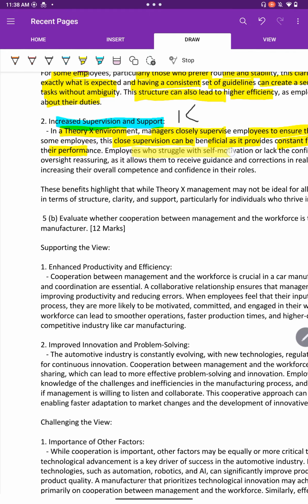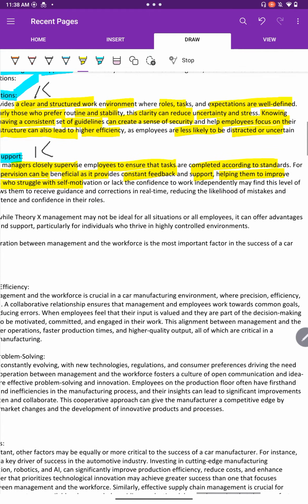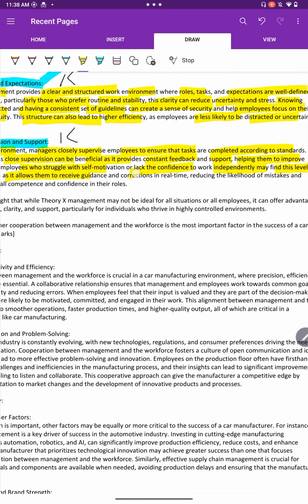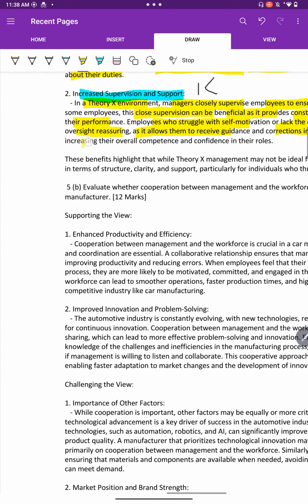Employees who struggle with self-motivation or lack confidence to work independently may find this level of oversight reassuring, as it allows them to receive guidance and correction in real time, reducing the likelihood of mistakes and increasing their overall competence and confidence in their roles.